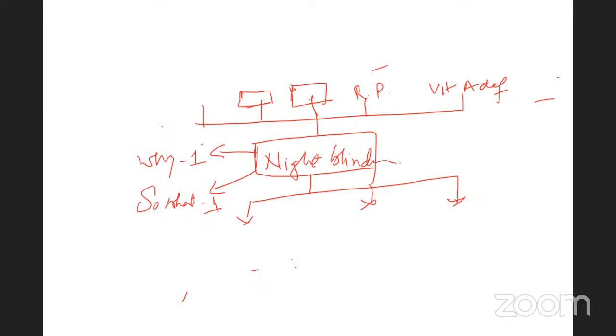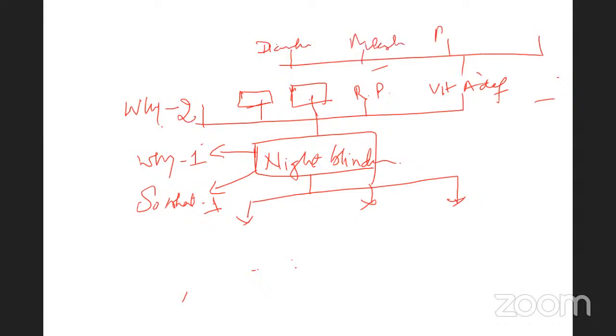So another, you ask the question why? This is level 2. And so the causes of vitamin A deficiency, you can find out maybe because of diarrhea, maybe because of measles, maybe because of poor diet, maybe because of poor intake of fat, like this, right?